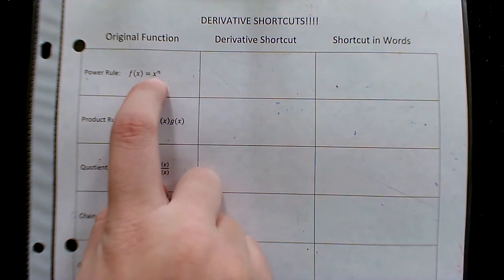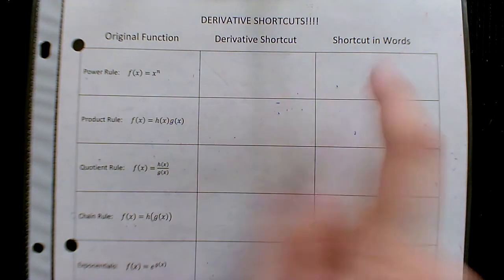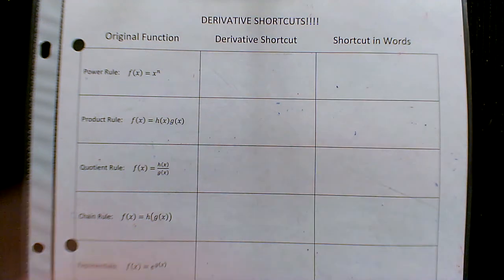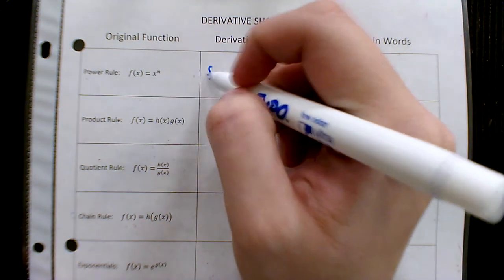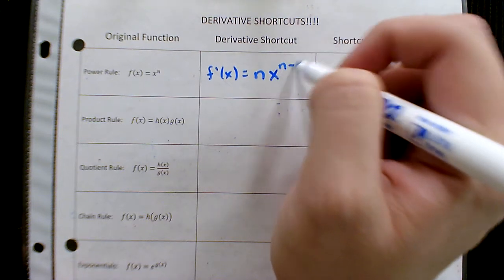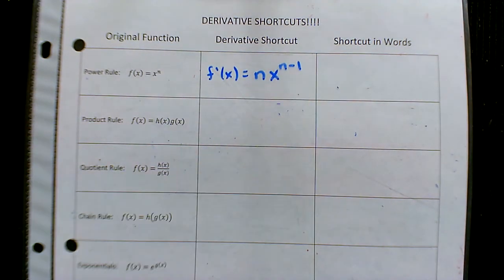If we have a polynomial function x to a power, how do we find the derivative of that? Maybe we can describe it in words. Multiply down the power, and then take the power and subtract 1. All right. So mathematically, we would multiply down the power and then subtract 1 from the power. Good. Okay.